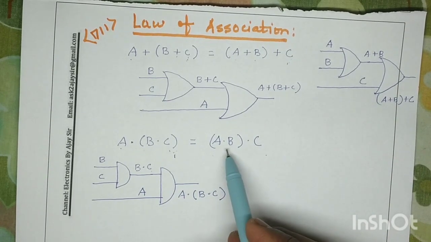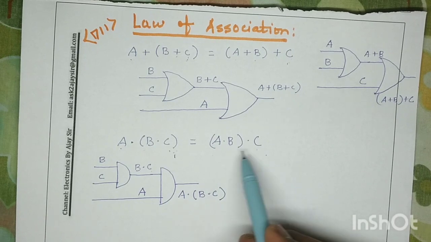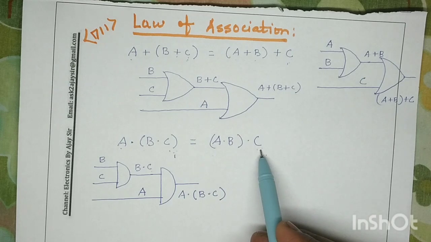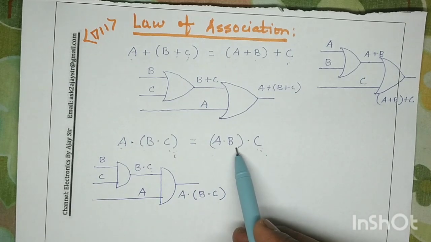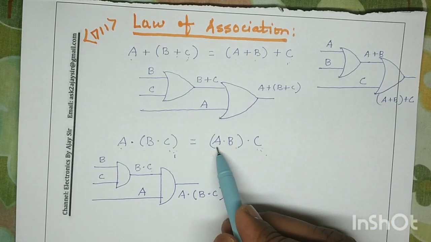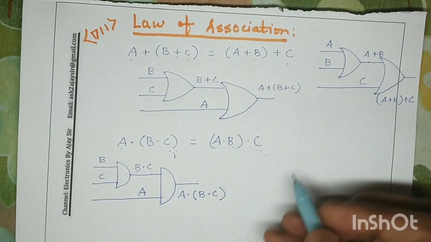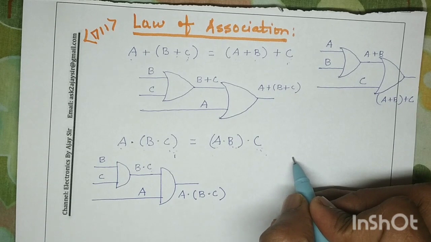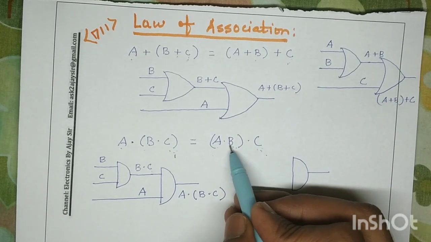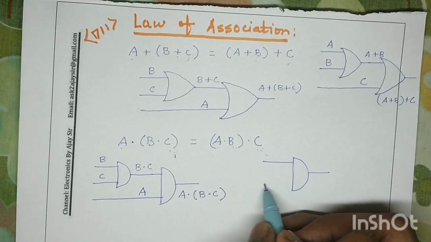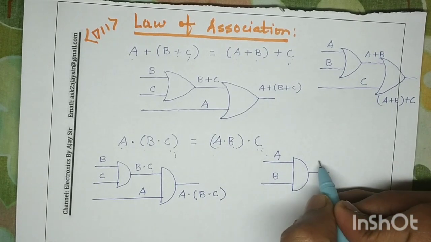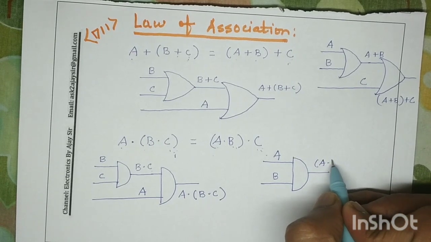Next we will do the circuit level implementation on the right side. In this right side, a dot b is written inside the bracket, so first I will implement a dot b. For this I need a 2-input AND gate. The inputs are a and b, and it gives you the signal a dot b.